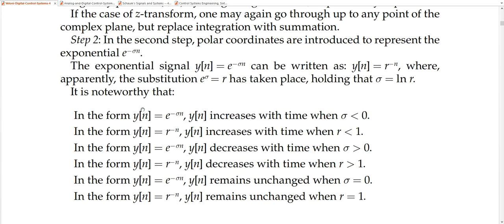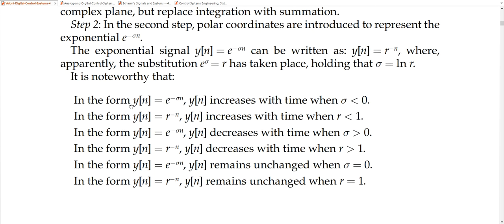Then it can be noted that in the form y(n) equals e to the negative lambda n, y(n) increases with time when lambda is less than 0. So when lambda is negative, negative times negative would be a positive term, so e to the positive, so that would be increasing y(n).